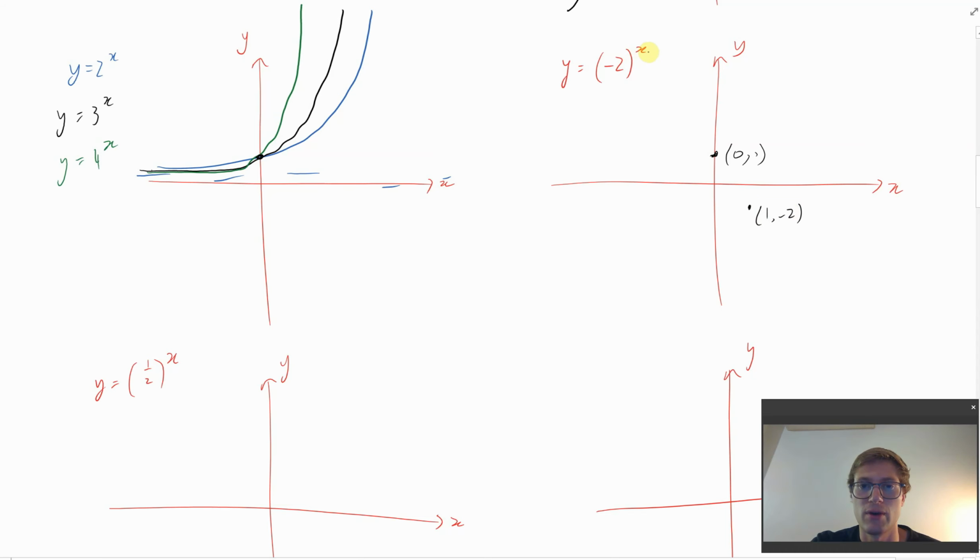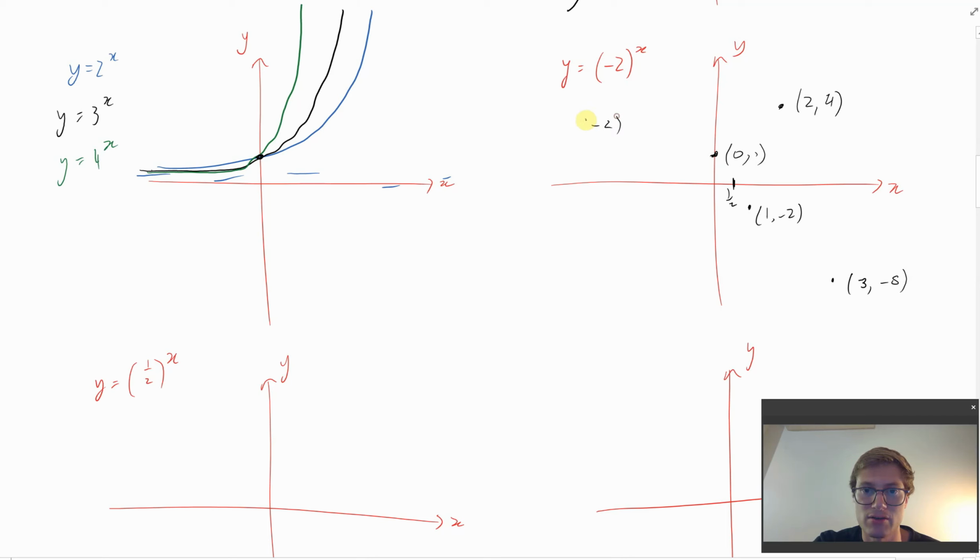If you square this, it becomes positive 4, so that's up here, (2, 4). 3 will be minus 8, so you can see that this is starting to just go up and down and be a bit crazy. This becomes even crazier if you think, well, what happens when x is a half?